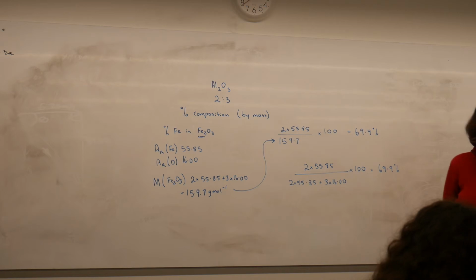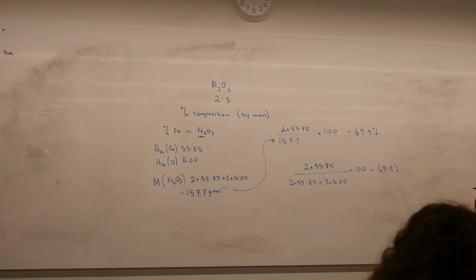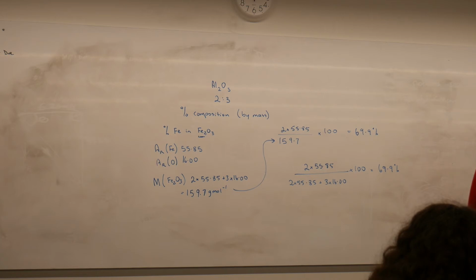What can we infer from this about the percent of oxygen? If it's roughly 70% iron in the iron oxide, what does that mean about the oxygen?